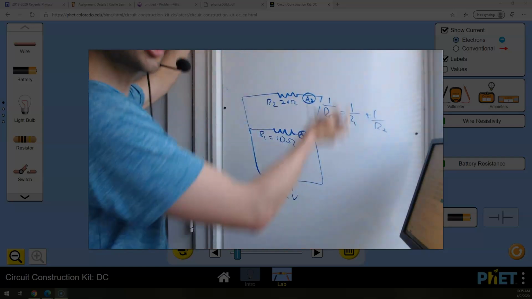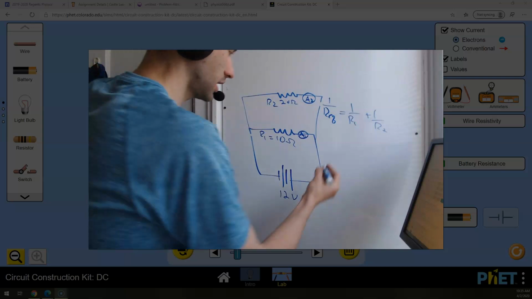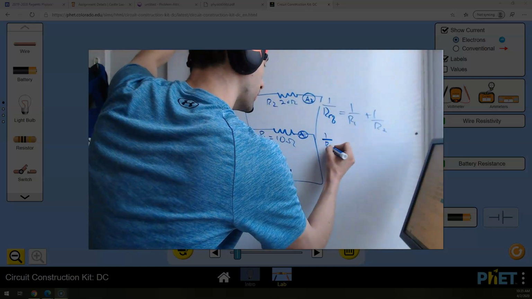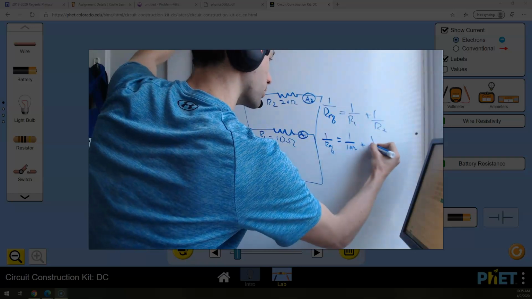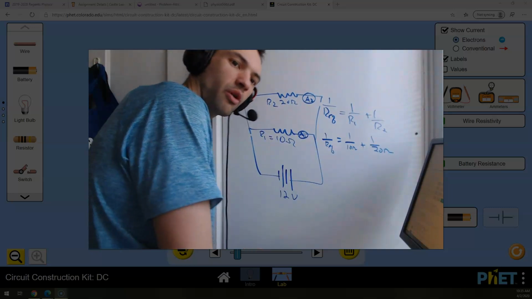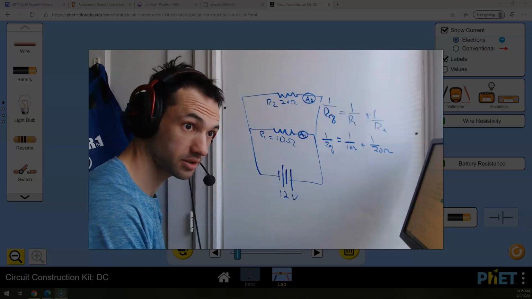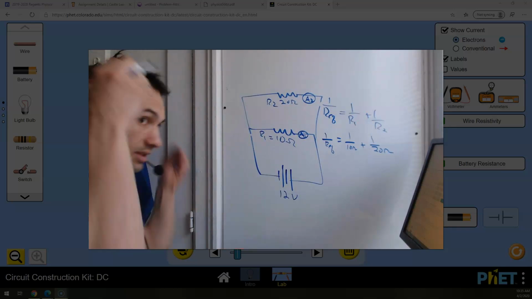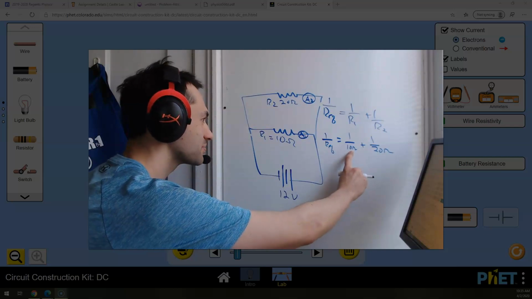Let's start by finding the total resistance of the entire thing. That's what we're going to do first. 1 over REQ will equal 1 over 10 ohms plus 1 over 20 ohms. That is not 1 over 30 ohms. That is not 2 over 30 ohms. I have to find common denominators, okay?